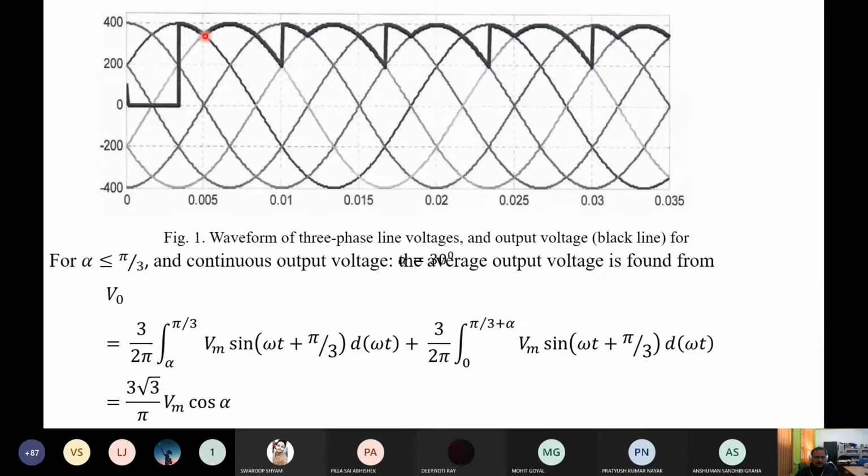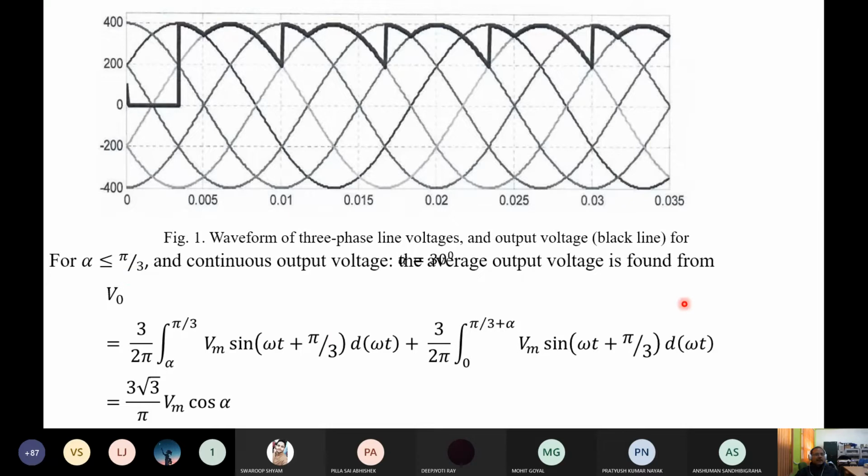This is the 0, because it is 0 to 60 degrees plus alpha. So the average output voltage is 3 root 3 by pi Vm cos alpha, for alpha less than 60 degrees.